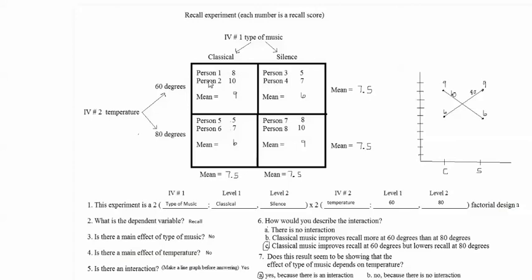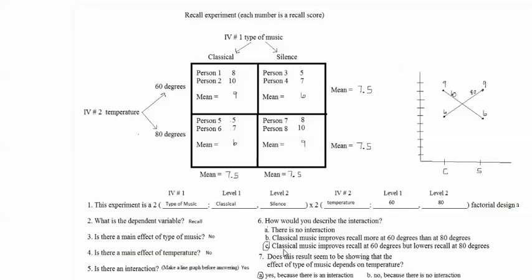But when it's 60 degrees, which is this line right here, you have an average recall of 9 for classical and an average recall of 6 for silence. So they're the opposite of each other. And when that happens, there is an interaction. The lines are not parallel, so there is an interaction.